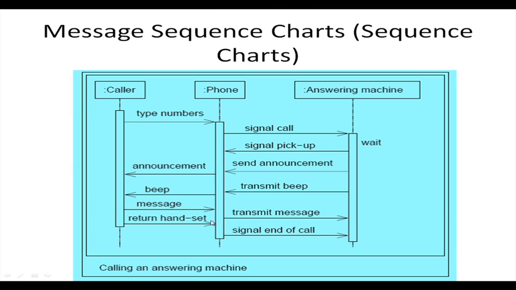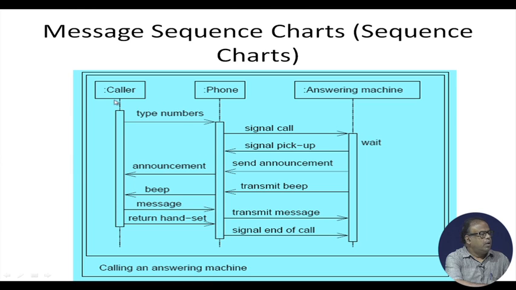Say, for example, the caller is on one side and the user on the other side. The caller is calling an answering machine, and here is the phone. Now, this is a sequence chart, earlier called a message sequence chart. Okay. The caller first types the number, all right.